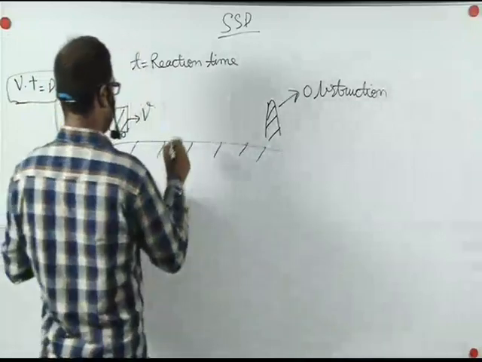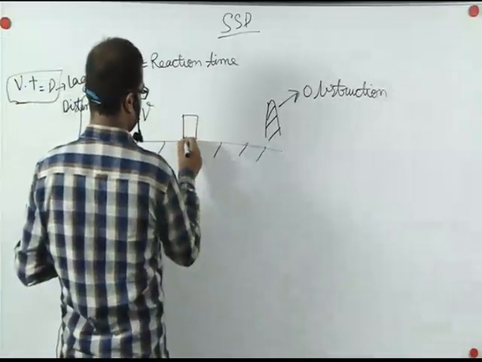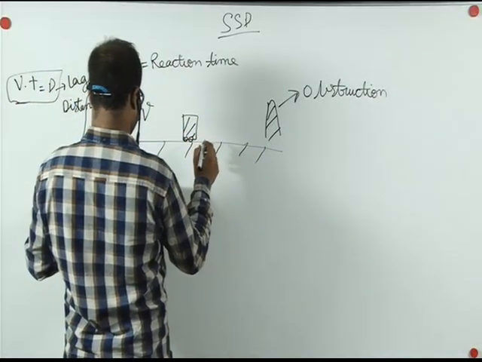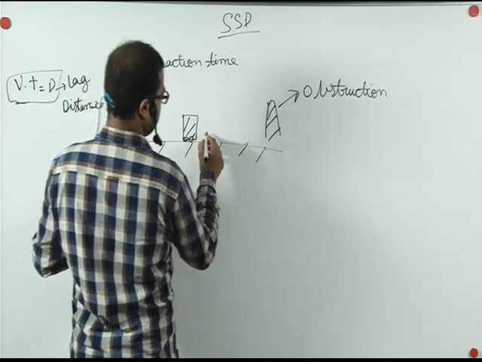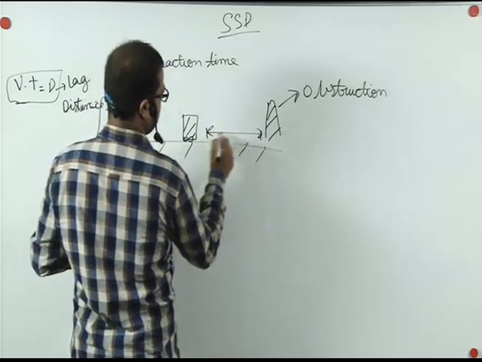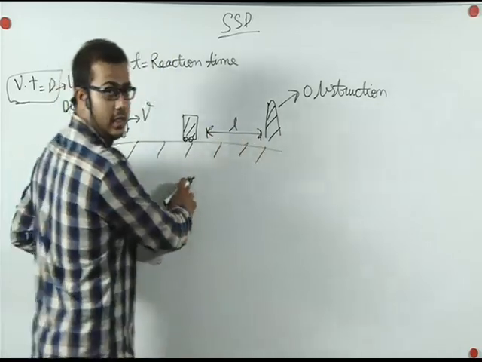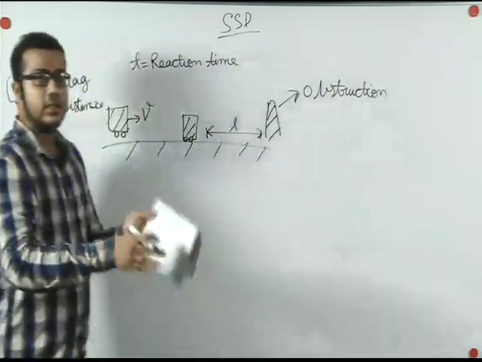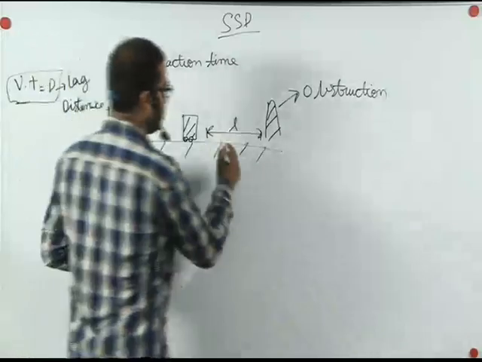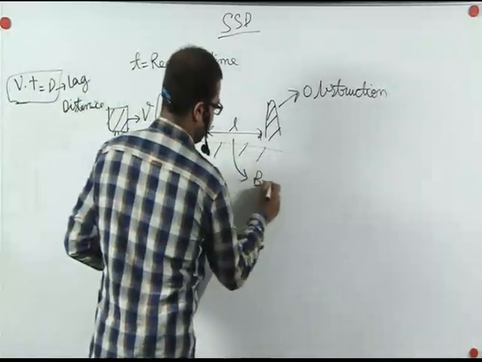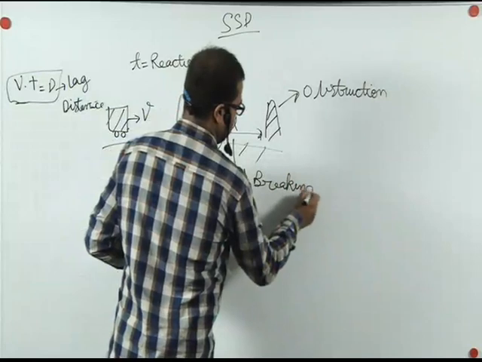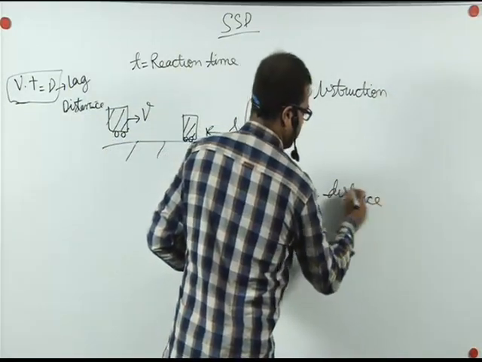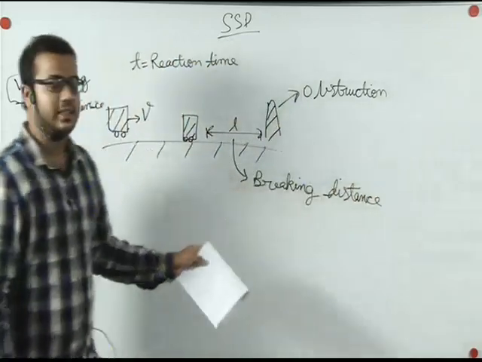After the application of brakes, vehicle will move this particular distance before it will stop. So this distance is known as braking distance. So this distance we can easily find.